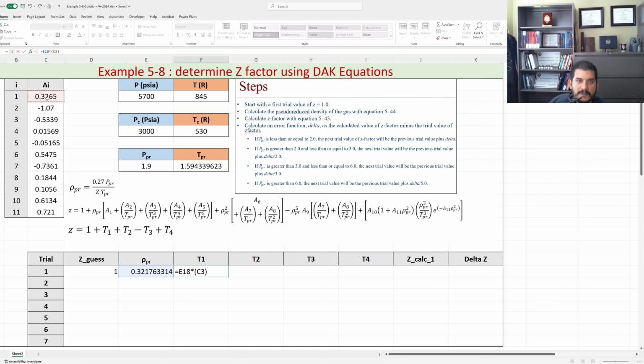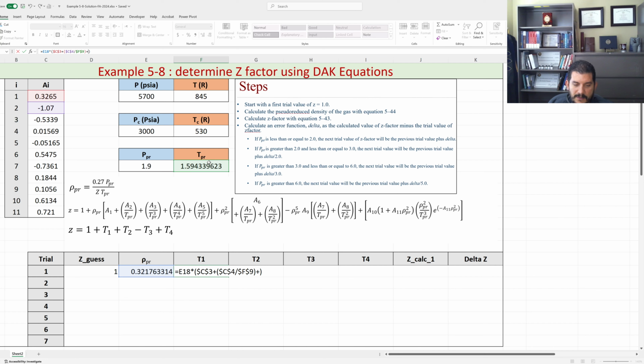So again, click F4. All right. Plus, open another parenthesis. It's A2, lock it as well, divided by TPR. Click TPR and lock it as well. And then close that parenthesis.